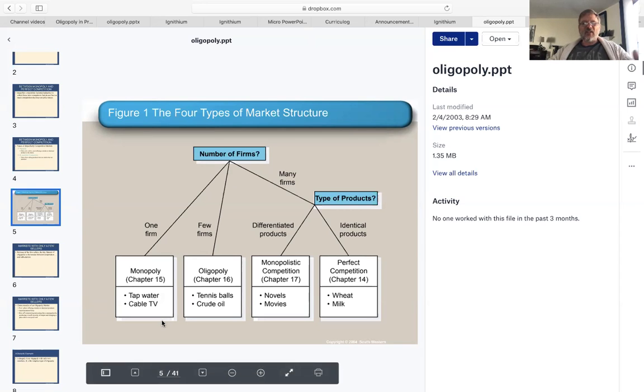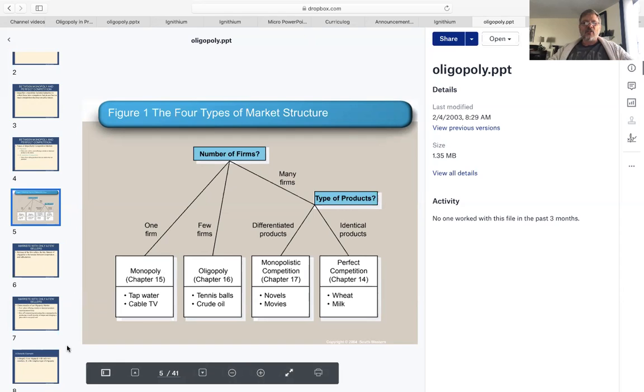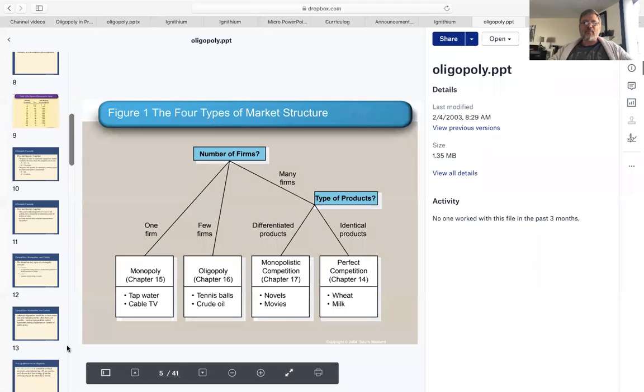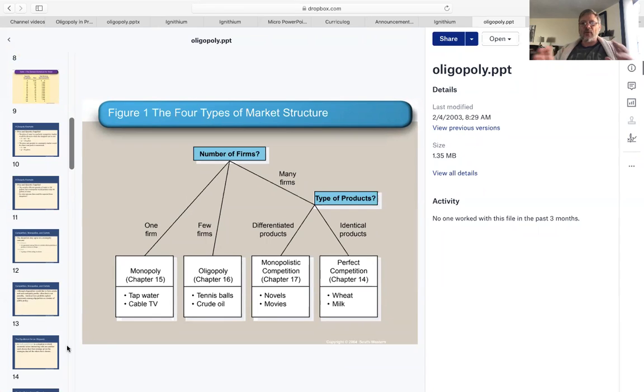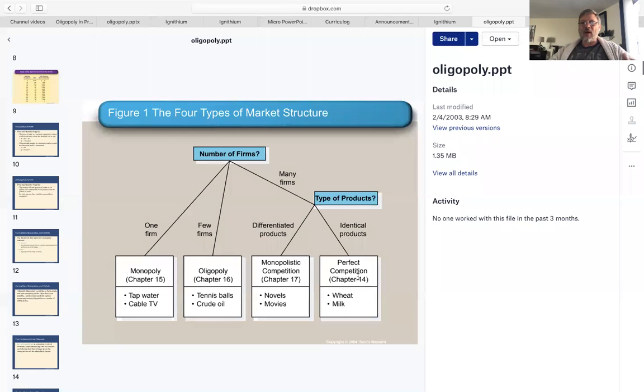We've already talked about monopoly, so I won't go over that again, but the character of monopoly has to do with barriers to entry that keep other firms from coming in to compete. When we're talking about oligopoly, the big issue is, remember, when there are lots of firms competing with one another and the products are the same under perfect competition, the firms don't have any pricing power.